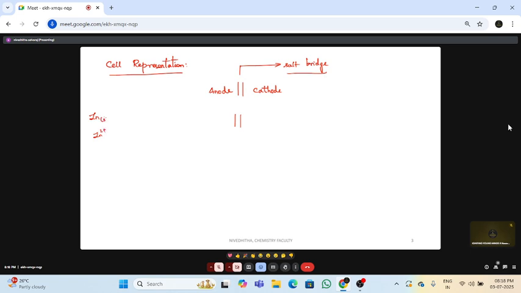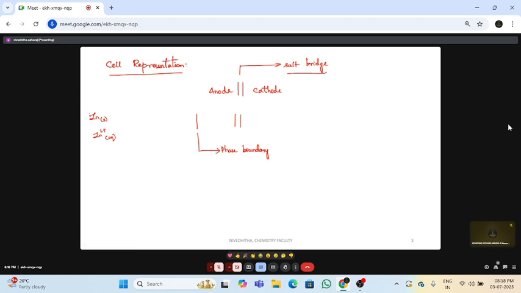Zinc is in solid state and Zn2 plus is in aqueous medium, so they are two different physical states, right? So I'm going to differentiate zinc from Zn2 plus by using a single vertical line. A single vertical line represents a phase boundary. One is in solid state, another one is in aqueous medium.